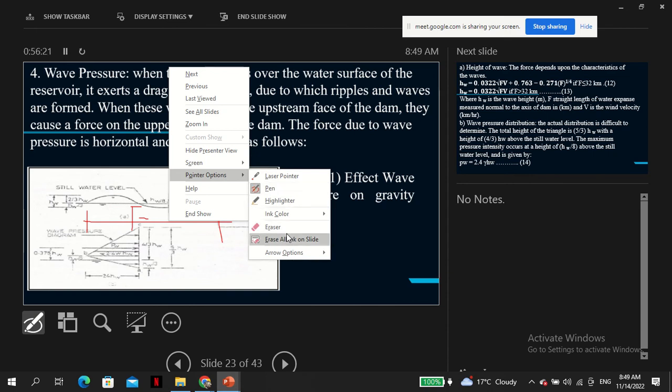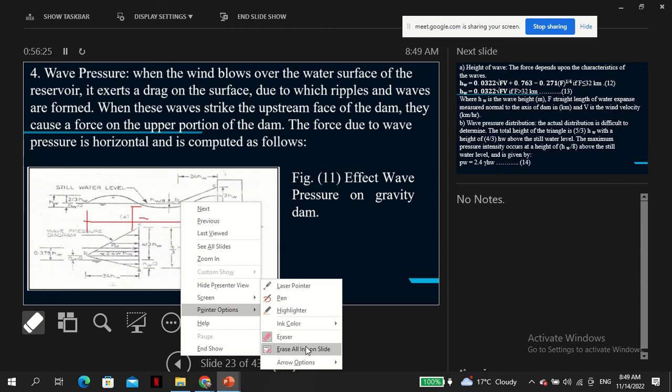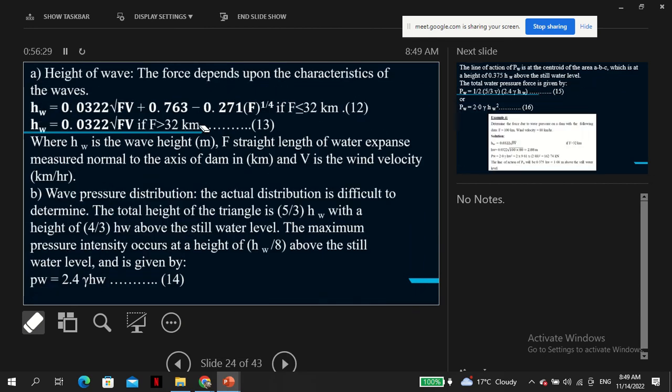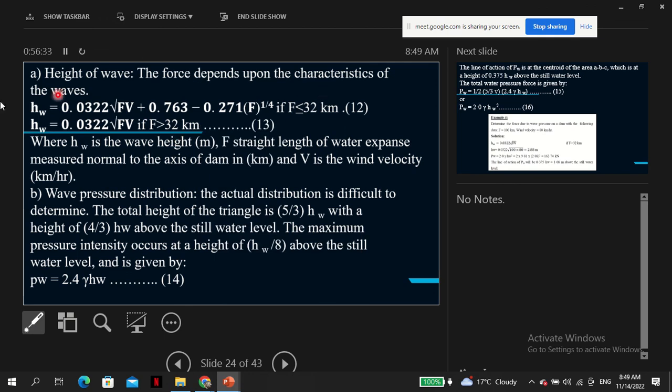So these are the formulas, and the important reference is 32 kilometers. If f is less than 32 kilometers, then this is how to calculate the height of the wave. If f is more than 32, this is how to calculate the height of the wave.